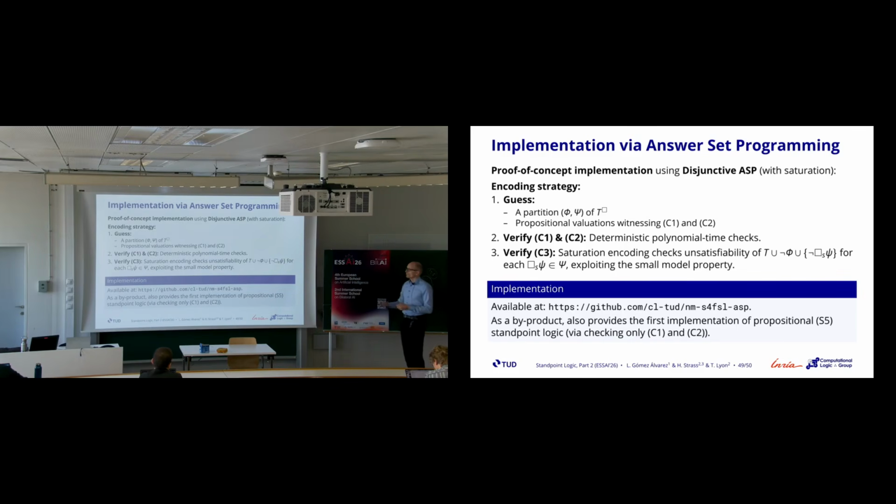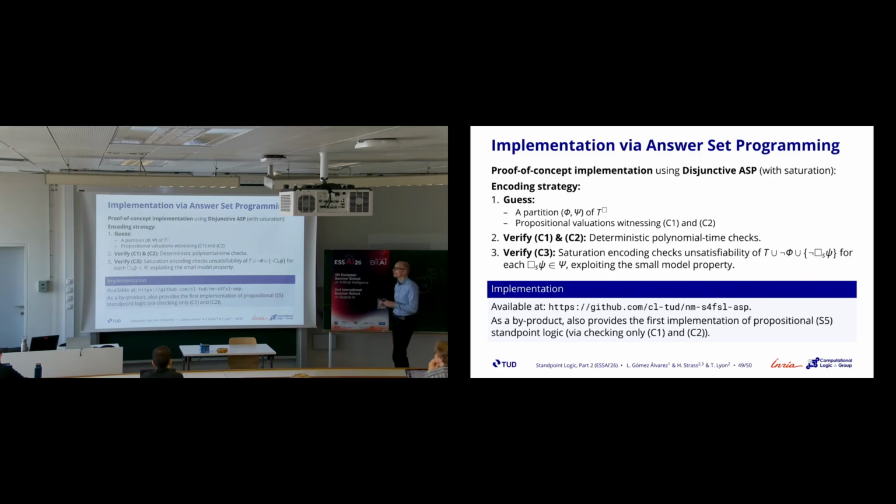And this we do by allowing to guess all possible small models and verifying that neither of those candidates satisfies this, and therefore it's unsatisfiable, and therefore the entailment holds. We have implemented it. It works for small examples, so you can try it out.